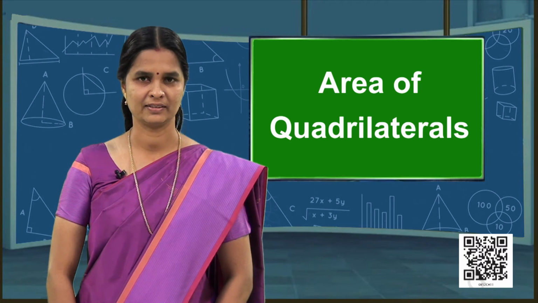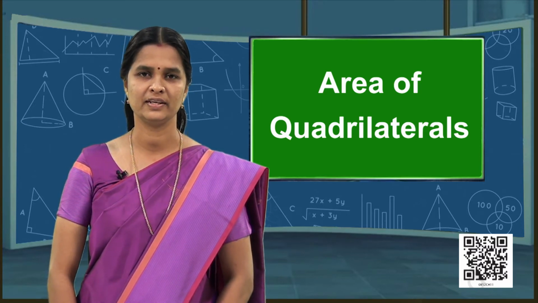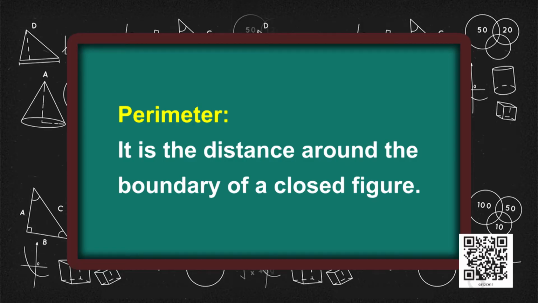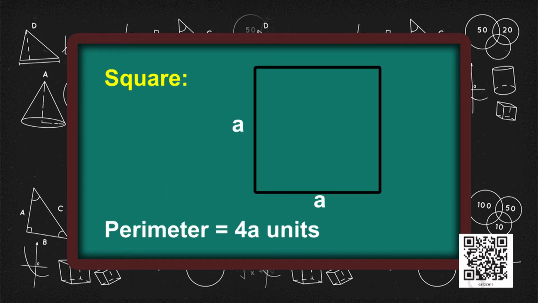Before starting, let us quickly recall what we have studied in our previous classes. Perimeter. Perimeter is the distance around the boundary of a closed figure. We know that for a square of side A units, perimeter is equal to 4A units.